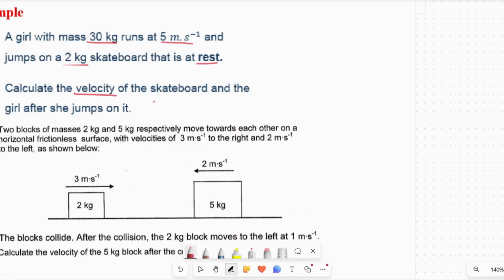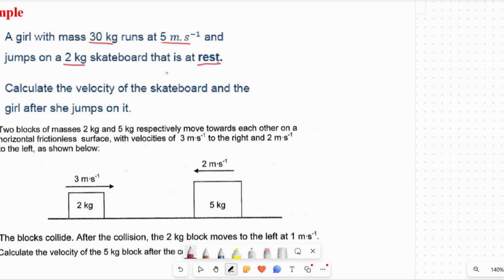All right, so let's look at an example of how this can be applied, or how this can be asked in an exam question. So number 1, when you're looking at this one, we read the question and understand what is given to us. What is given is that a girl with a mass of 30 kilograms runs at a velocity of 5 meters per second, then jumps on a 2 kilogram skateboard that is at rest.